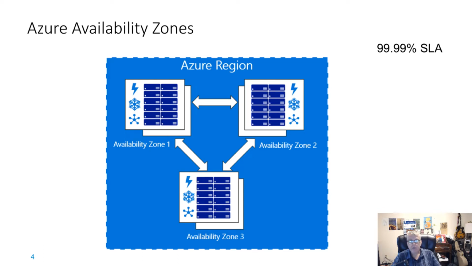And Microsoft will guarantee at least one of those nodes will be running 99.99% of the time. They don't guarantee anything about the services running in those instances, but the actual instance will be online. So that's why we still need to cluster SQL Server inside the instance to provide availability at the application level.